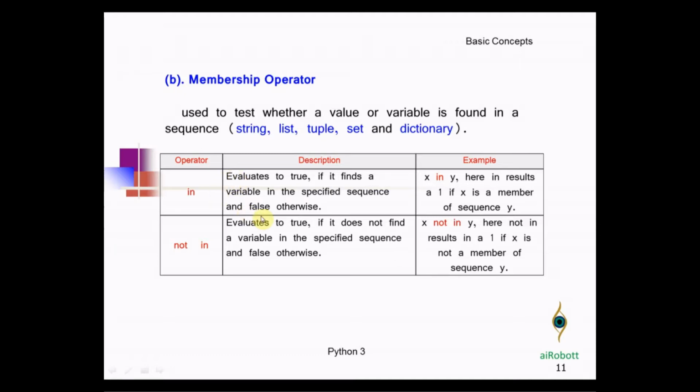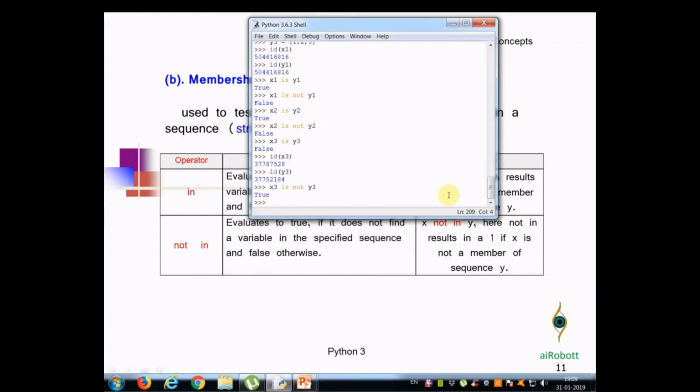Let's check these membership operators in the programming part. Let us take x value as 10, y value as 20. And take one list here, 1 2 3 4 5. Let's check the membership operator in. x in list.